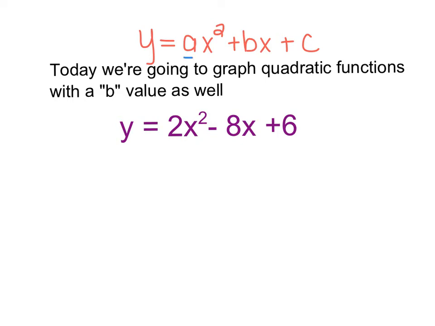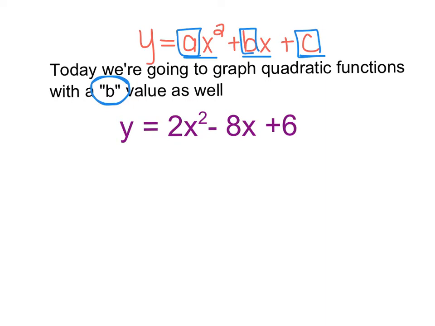You'll notice all of the x squared terms are grouped together, the x terms and the constants, and then you've got values for a, b, and c. This is different from the quadratic functions we looked at yesterday, which contained only a and c. Today we're going to look at ones that contain a b value as well.